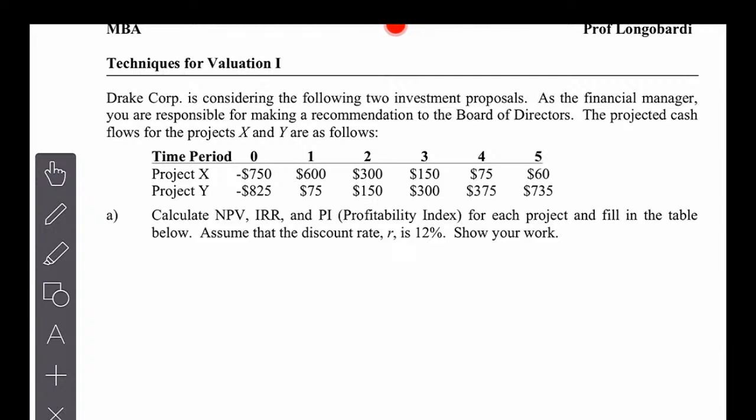Then I want you to answer if these are mutually exclusive, and you were using the different criteria, which one would you pick? Okay, so the only thing I haven't covered is the PI. So let's get the PI, I'm going to teach you that, and then I'll leave you this assignment to work on, okay?